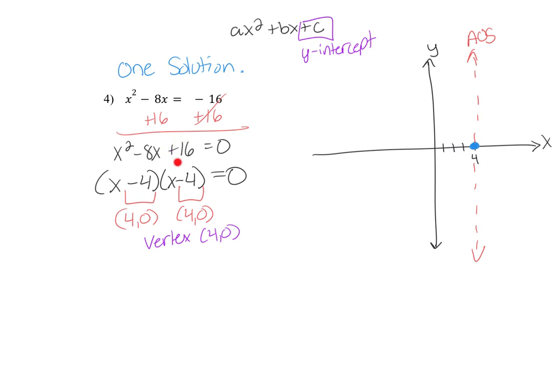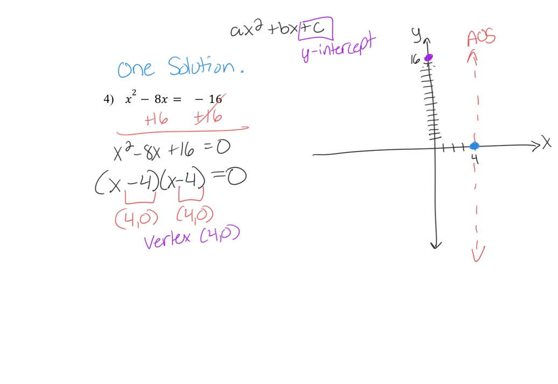My c value in this case is my 16. Remember, c is just the number at the very end. So I'm going to go up to 16, right? 1, 2, 3, 4, 5, 6, 7, 8, 9, 10, 11, 12, 13, 14. I'm going to extend mine a little bit. This is why I always use pencil. 15, 16. Okay, so that is my y-intercept.